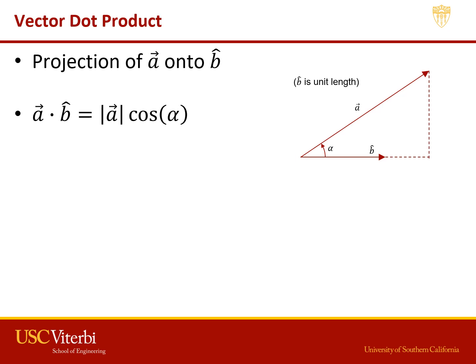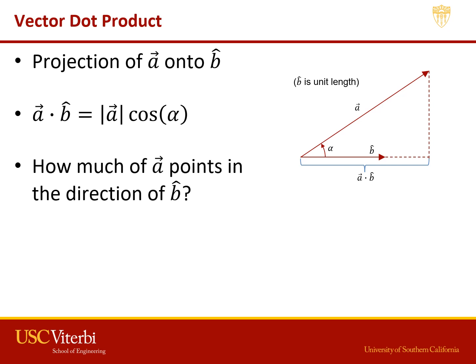Make a right triangle where the direction B forms the adjacent edge. And then we'll drop a perpendicular, and we'll call that the opposite, right? The projection in that case is then, what is the length of this side? Okay, and that is going to be given by this dot product right there.